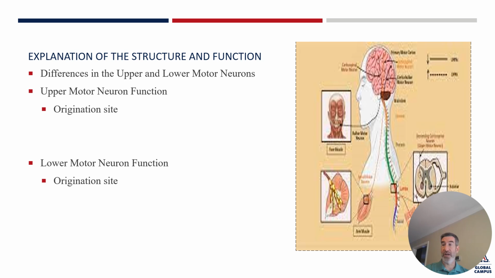The upper and lower motor neurons use different neurotransmitters to relay their information. Upper motor neurons use glutamate, and the lower motor neurons use acetylcholine. For the body to perform a movement, the signal originates in the primary motor cortex of the brain, which is in the precentral gyrus. The cell bodies of the upper neurons in the primary motor cortex are referred to as Betz cells.